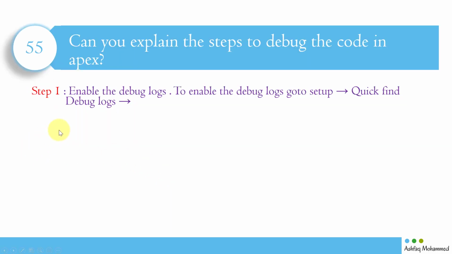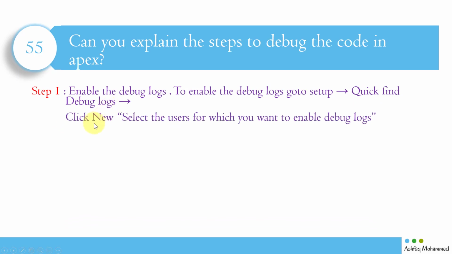So the steps to enable the debug logs: step one is enable the debug log. How do we do that? To enable the debug logs, go to Setup, use Quick Find and find the debug logs. As soon as you find the debug logs, click New, and select the user for which you want to enable the debug logs.